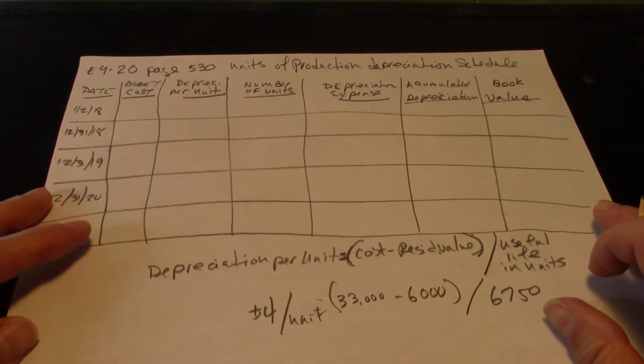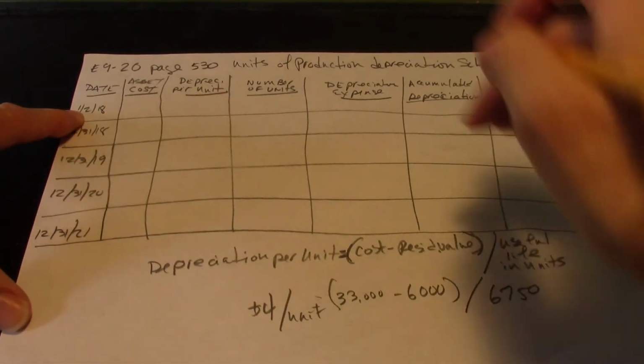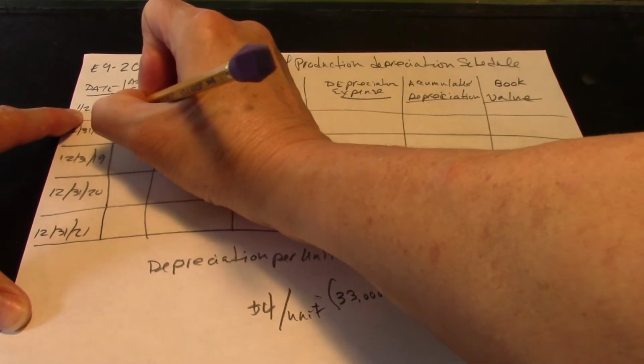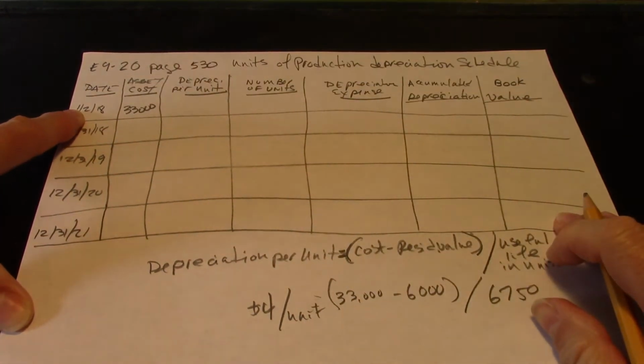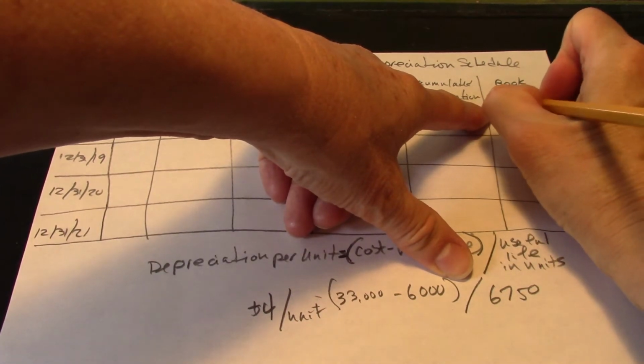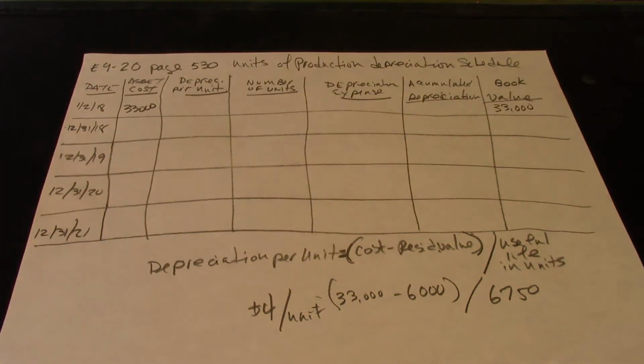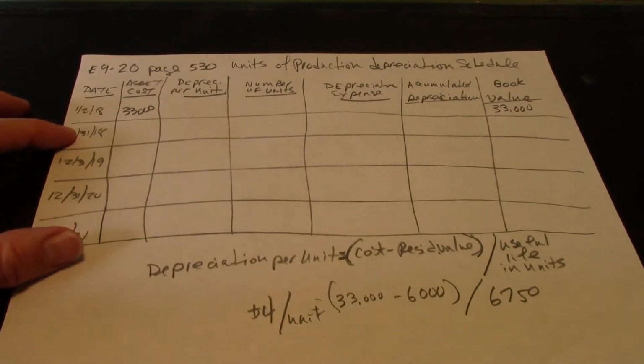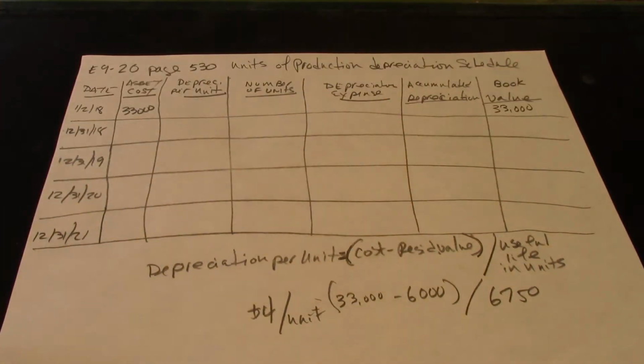The same idea: we buy the machine in January and it costs $33,000, right? And on that date it's worth $33,000. So same first line. Now at the end of the year, we have to figure out the depreciation.